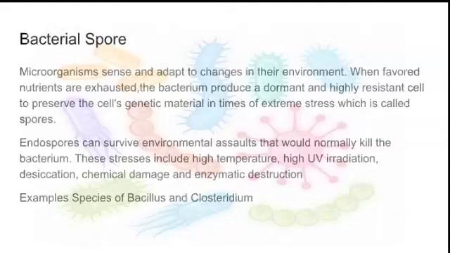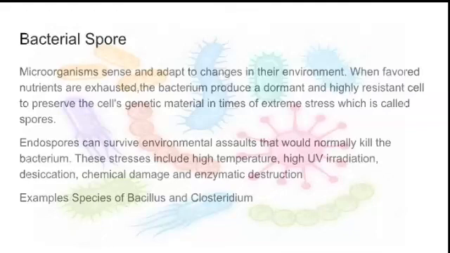So when there is no nutrient supply and no food, the bacteria will go into a dormant stage, just to protect their nucleic or genetic materials. They become spores and survive extremely high stress. This is called a bacterial spore.